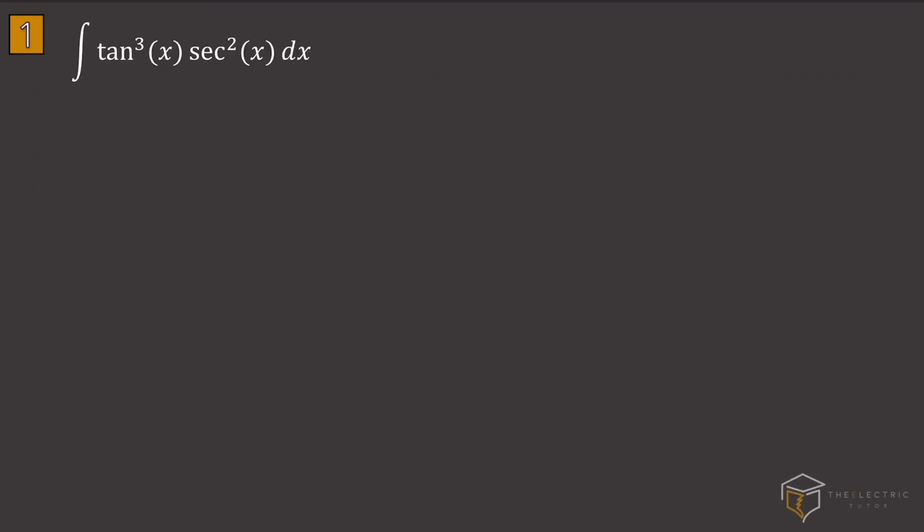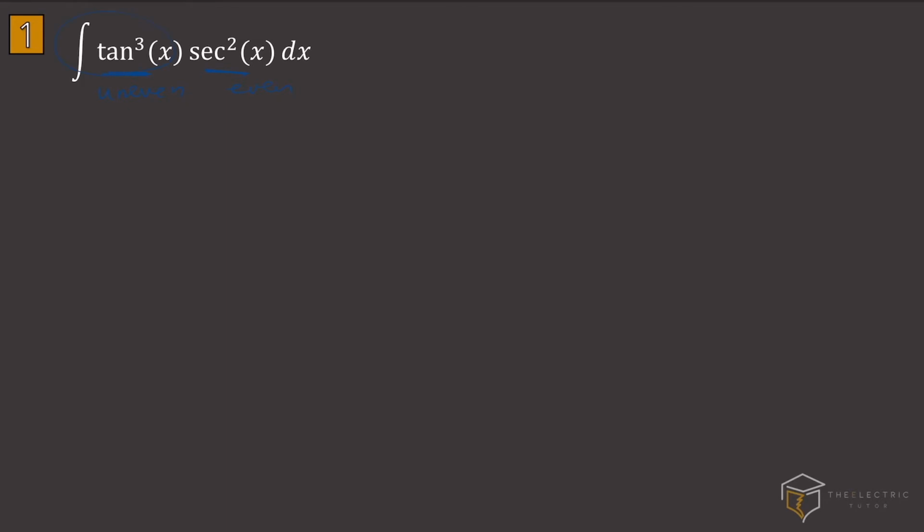This is going to be our first example. We can see the tangent is odd and the secant is even. That means that we can use either the case 1 strategy or the case 2 strategy. Which one do we pick? Well, I'm going to pick tangent raised to the third power to work on.